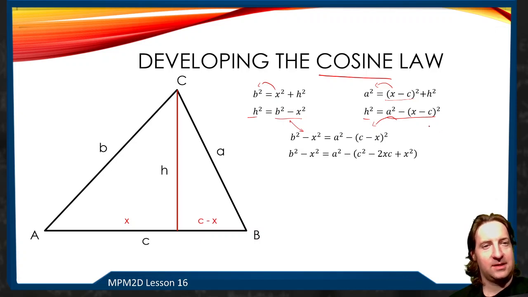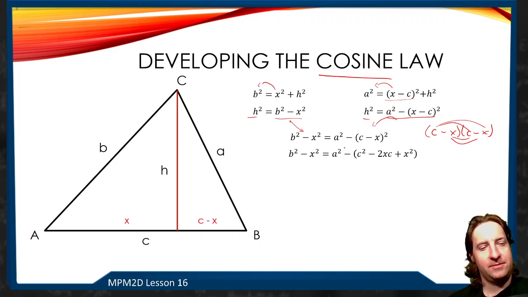If you're confused about that, we're just FOILing that out. That's going to be c minus x, so it's going to be c times c, which is c squared, negative xc, so that's 2 negative xc's, and then negative x times negative x is positive x squared.